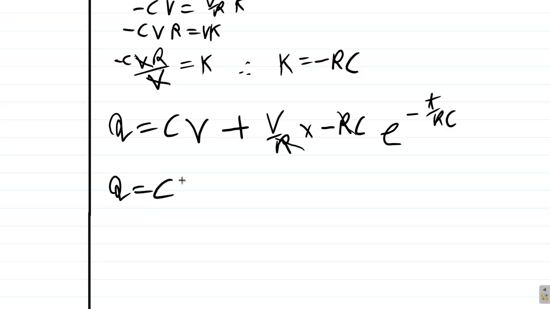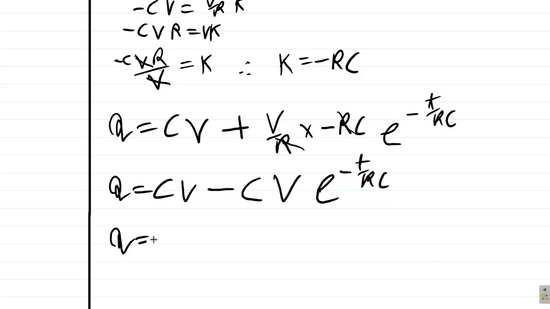So what would you have there now? Q is equal to CV. You have a minus sign here, so might as well just put minus. Minus the C and the V remain. So you have a C and a V here. E to the negative T over RC. And then you factor out CV, so you have Q is equal to CV, open bracket, 1 minus e to the negative t over RC.